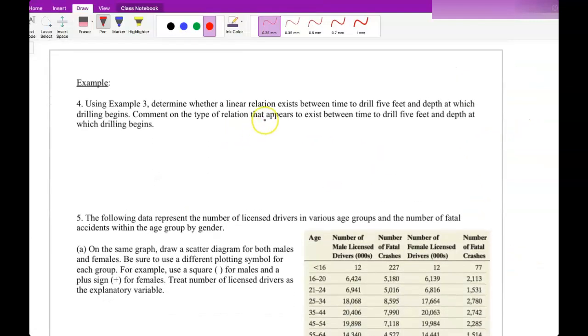Determine whether a linear relation exists between time to drill 5 feet and depth at which drilling begins. Comment on the type of relation that appears to exist between time to drill 5 feet and depth at which drilling begins.